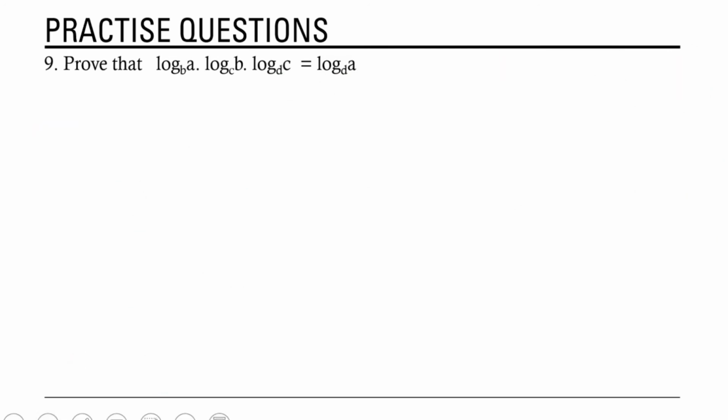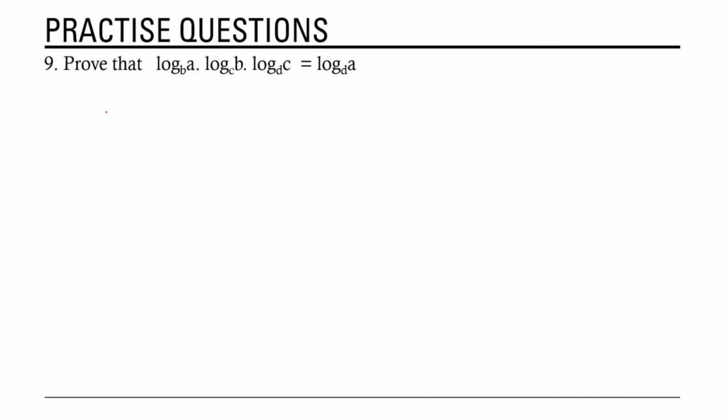Next one is prove that log A to the base B into log B to the base C into log C to the base D is equal to log A to the base D. Here again the bases are different. We have to convert this into single base. Since we have already practiced a few questions, I am writing it directly here.